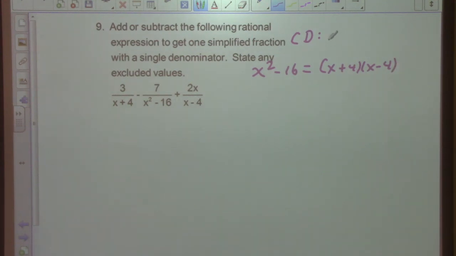So that's going to be your common denominator too, right? All right, good. What values are excluded? Anything? Negative 4 and positive 4. Yeah, so Addie says negative 4 and positive 4. So x cannot equal plus or minus 4. All right?